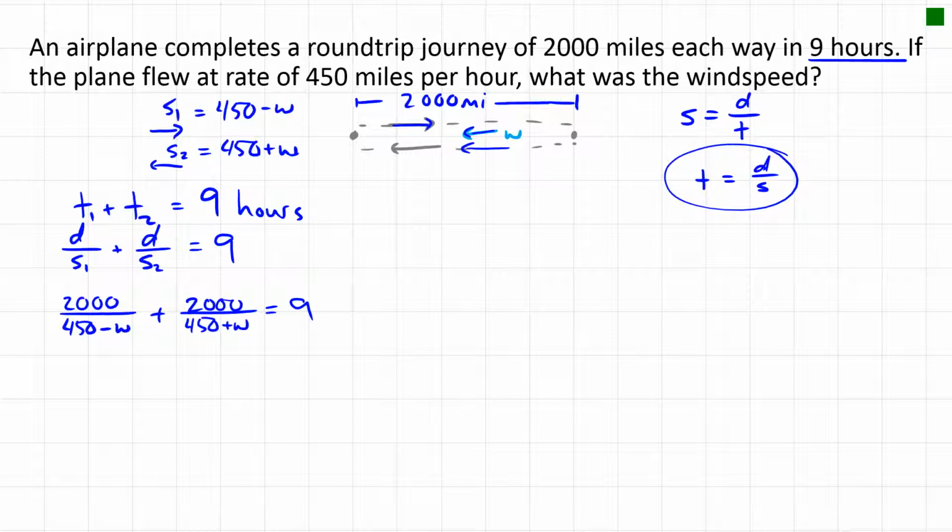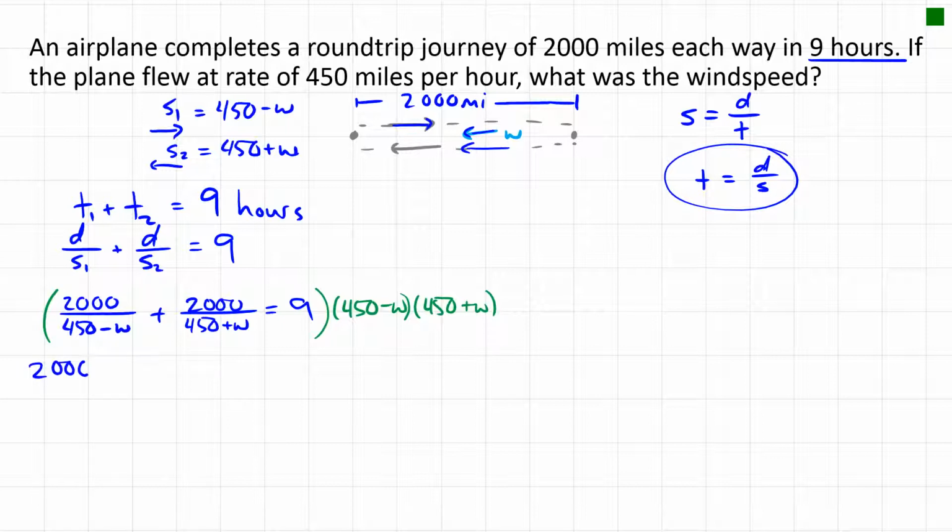So now I've set up a rational equation, and I just have to take the time to solve it. To do that, I'm going to multiply everything by 450 minus W, 450 plus W, to eliminate those denominators. And now I'll go ahead and do that.